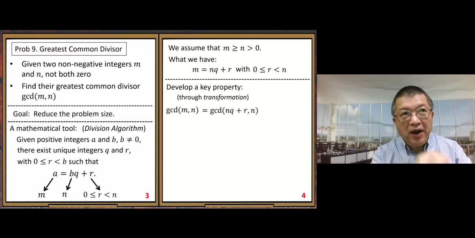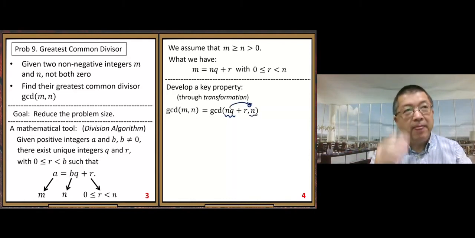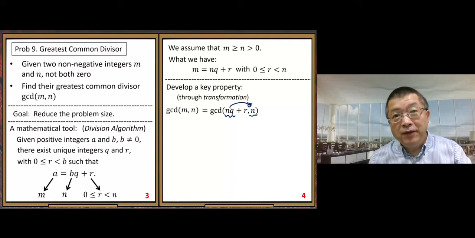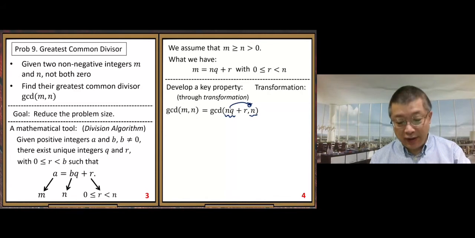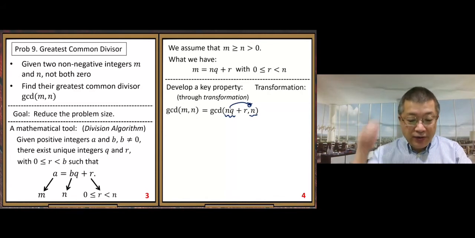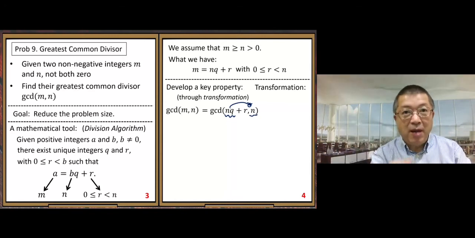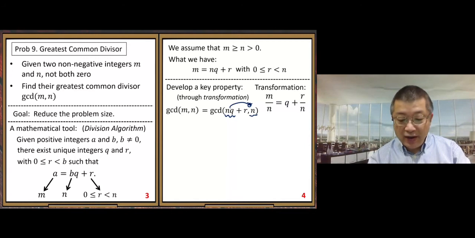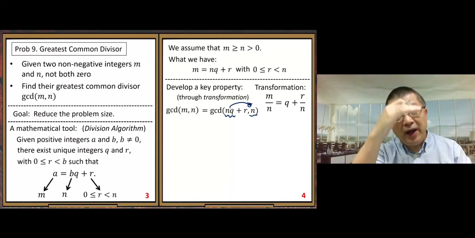But here you can see nq is a multiple of n. Multiple of n, so that is a good property. We need to take advantage of it. So how do we take advantage of that multiple? In this transformation, we look at the fraction m over n.